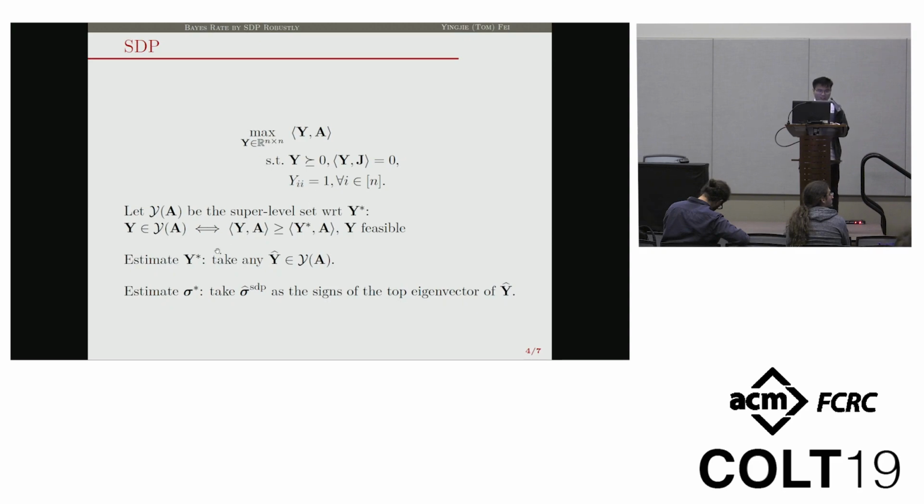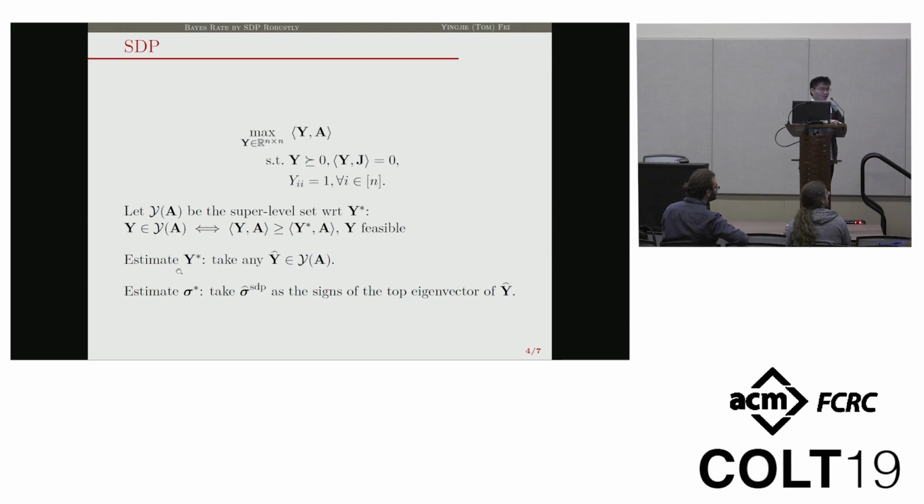To state the method, let me define one more notion, the superlevel set with respect to Y star. A Y is in the superlevel set if and only if the objective value of this Y is greater than or equal to the objective value of Y star, and Y is feasible.